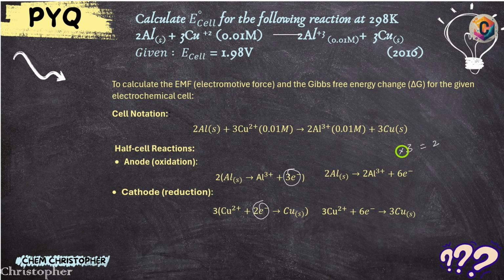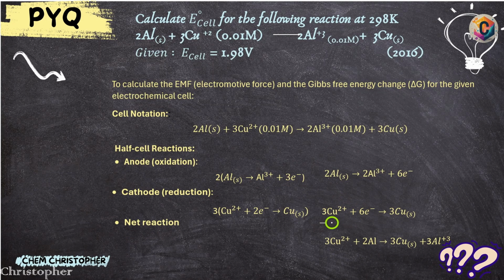So multiplying this 3 with the 2, and multiplying this 2 with 3, I will make the number of electrons lost equal to the number gained. That is why I have chosen the suitable integers to multiply. After this, I'm going to add these two reactions to get the net reaction. Got it? Okay, so if I write it, I can cancel it out.